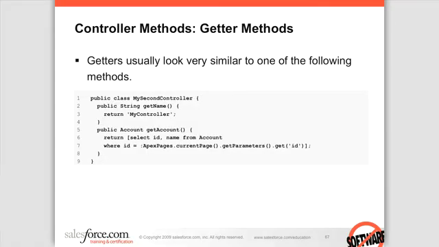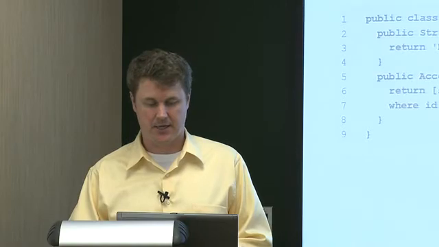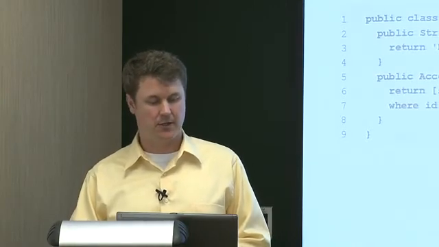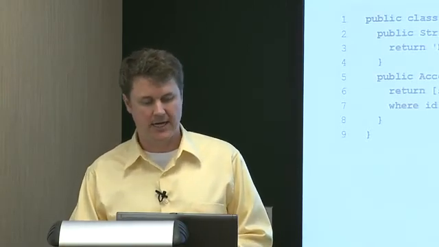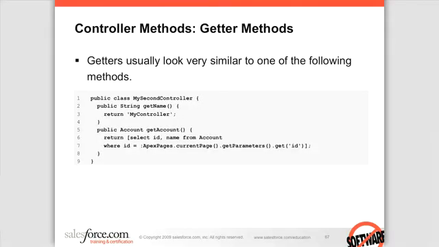We'll get into greater detail. You notice there's a SOQL query, and getAccount contains a SOQL query, and it says where Id equals, and then we have our bind, and what it does is it calls a class called ApexPages, and then a method called currentPage, getParameters, and then get the id.